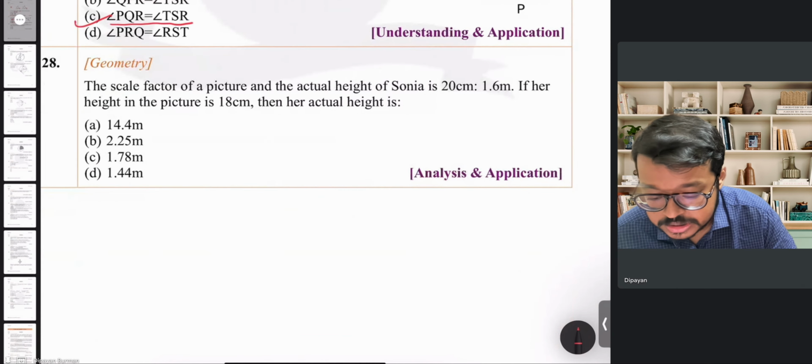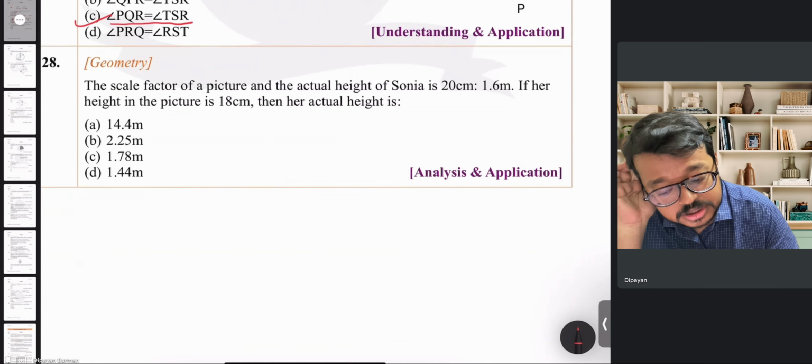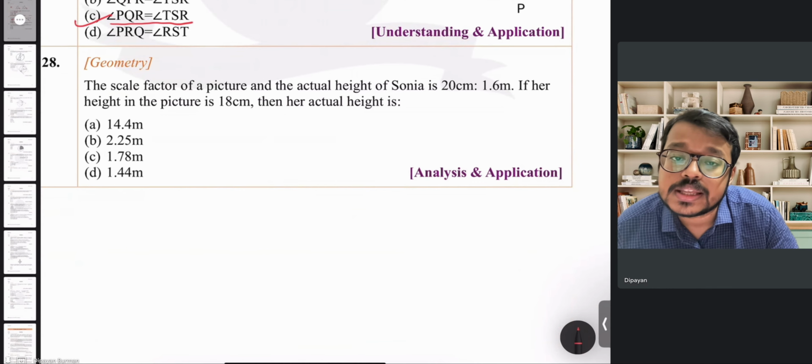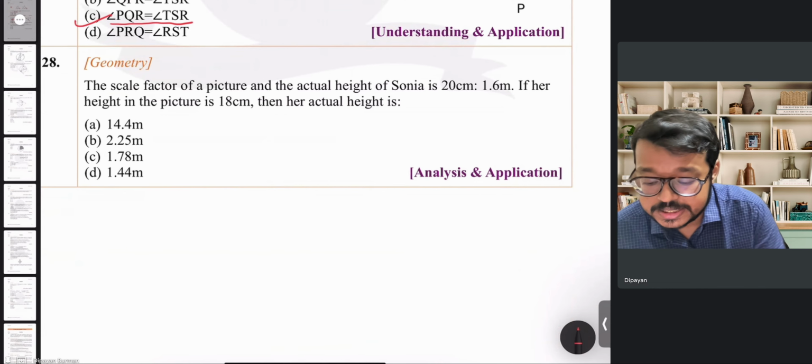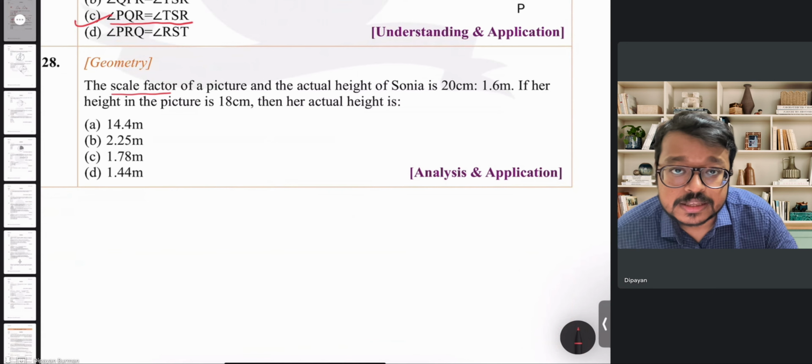Then looking at question 28, scale factor of a picture and the actual height of a person is given, and if the height in the picture is 18 centimeter, then the actual height is what? So scale factor refers to the length in your map or model or picture compared to the actual length or height.